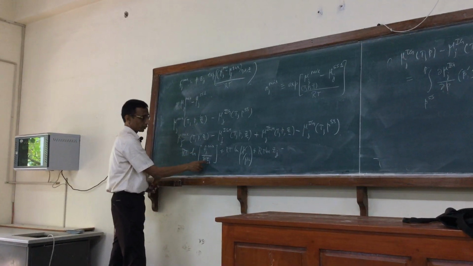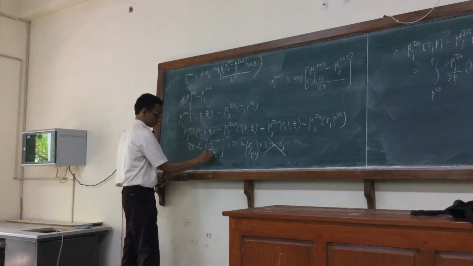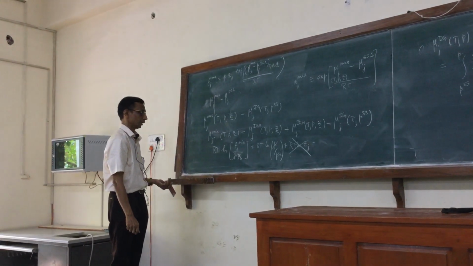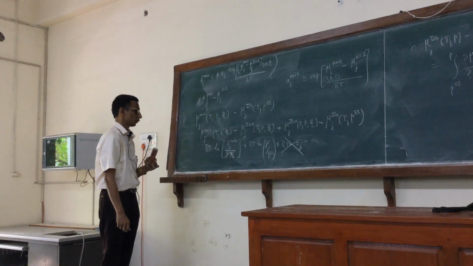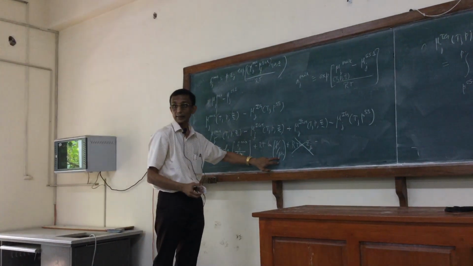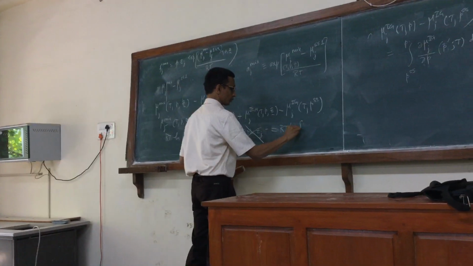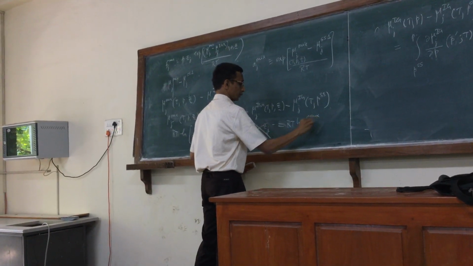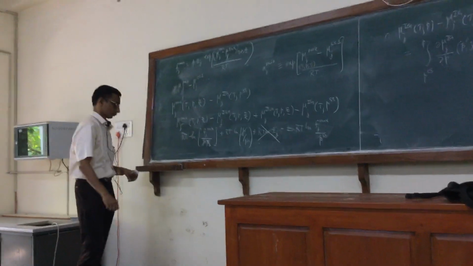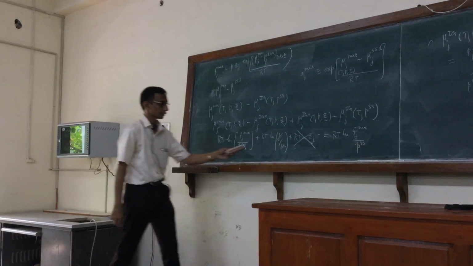Again I have minus RT log Zj, so that is going to cancel with this. Right? So what do I get finally? All I have is RT logarithm of Fj mix. So this whole thing is equal to RT logarithm Fj mix by PSS, right? Because that is in the denominator.